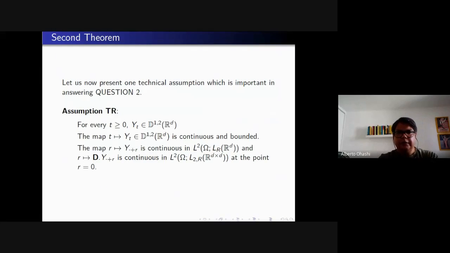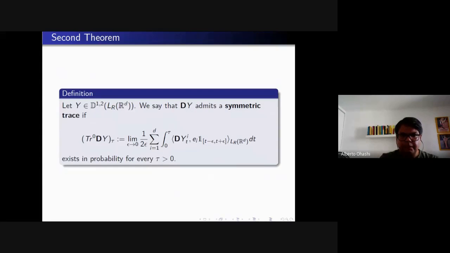Okay, so in order to address question 2, we need an additional assumption, again in the sense of Malliavin calculus. Technical assumptions: Y is a continuous and bounded function, and we need some kind of regularity of the Malliavin derivative at the origin. So we need to compute correction terms if they exist.